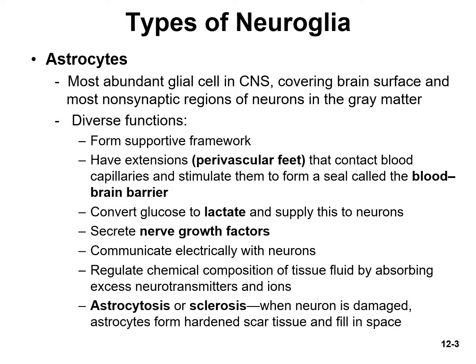And then finally we have astrocytes, whose functions are so numerous that they get their own slide. Astrocytes are very abundant glial cells, so they are the most abundant out of these 4 types within the CNS. They cover the brain surface, as well as most of our non-synaptic regions of neurons within the gray matter.